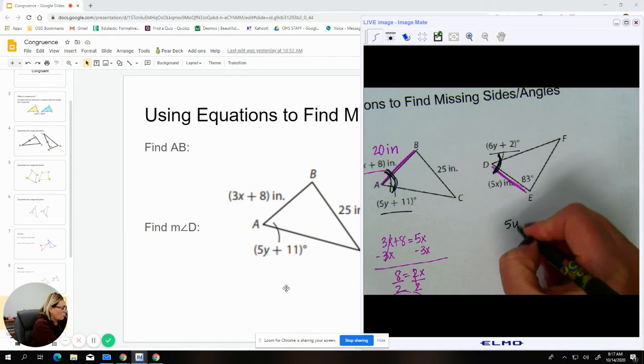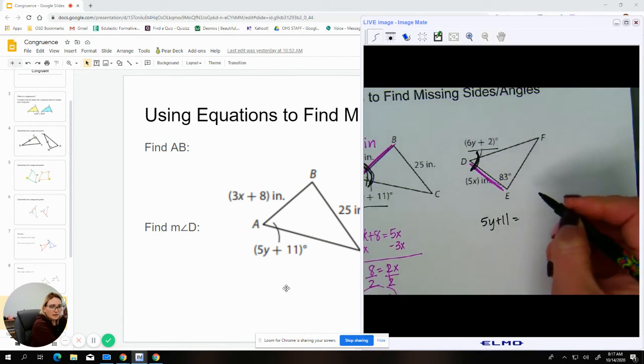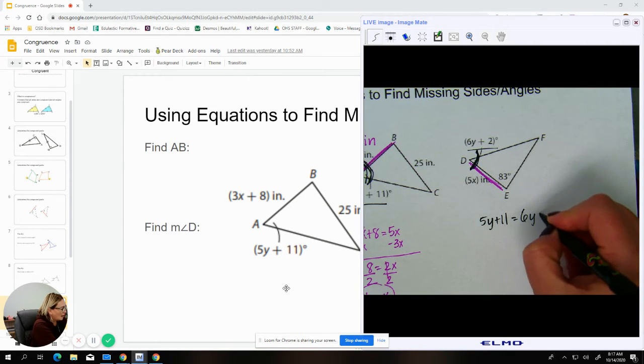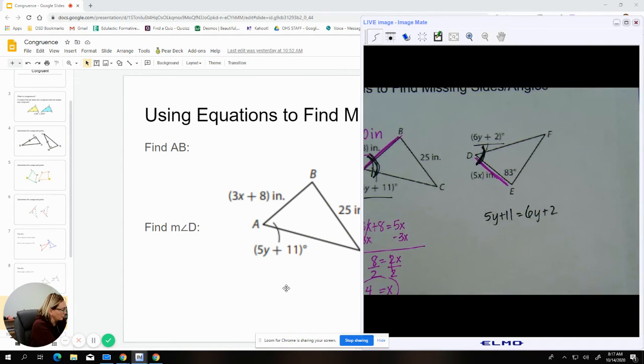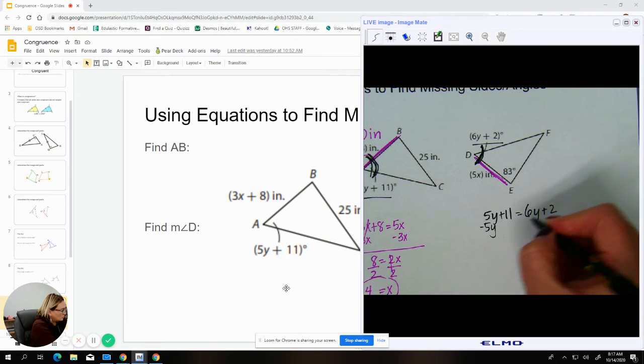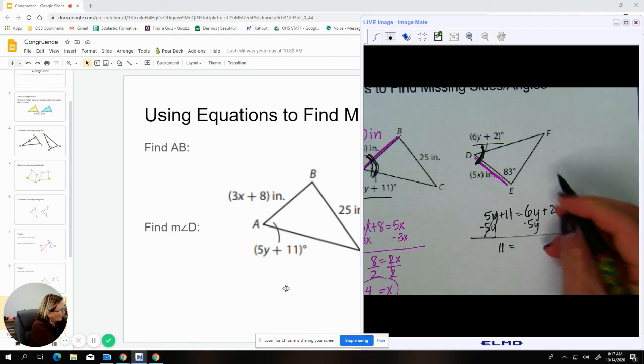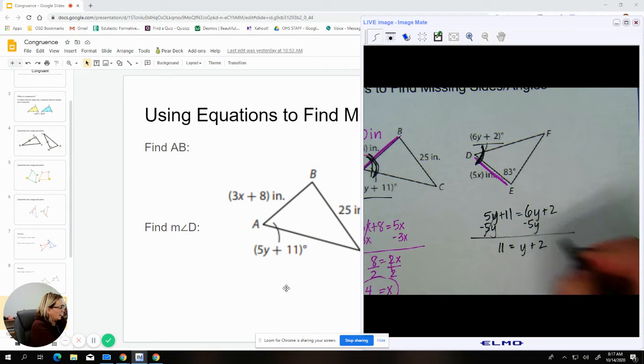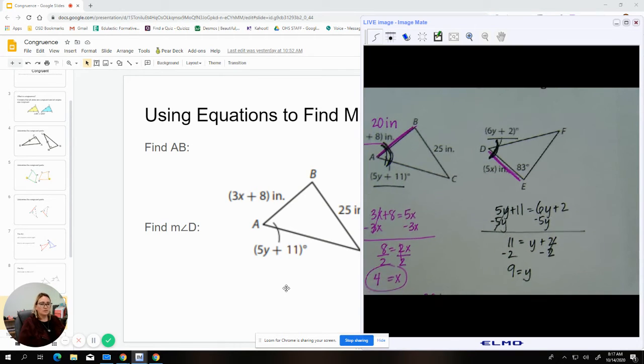So 5y plus 11 is equal to 6y plus 2. We are going to get our y's together and get our numbers together, and we come up with y is equal to 9.